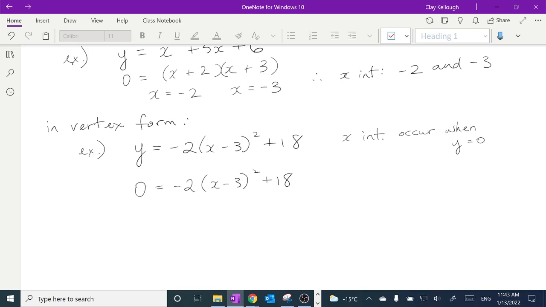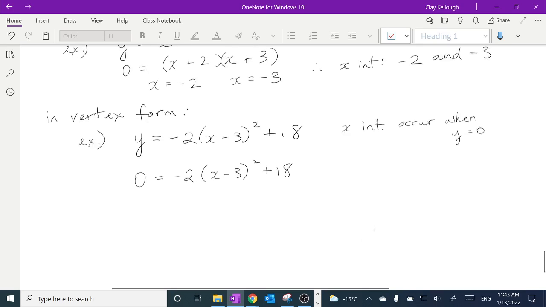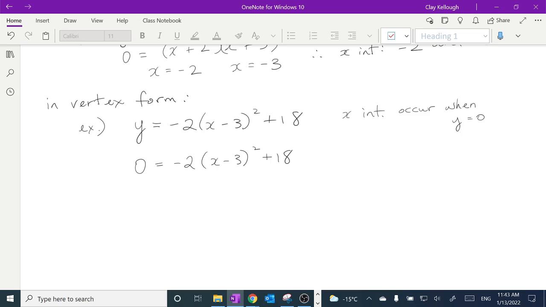I need to solve for that x. Right now it's stuck in the middle of all this algebra. So let's try it. What's the first thing I have to do? Well, I have to do the opposite of all the things that are happening to the x. So x is being, in this equation, subtracted by 3, right?